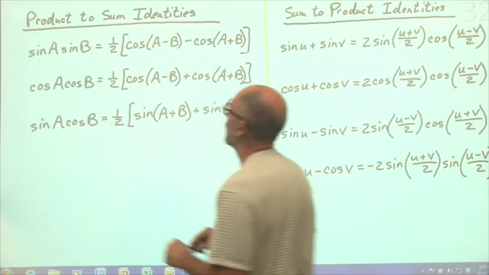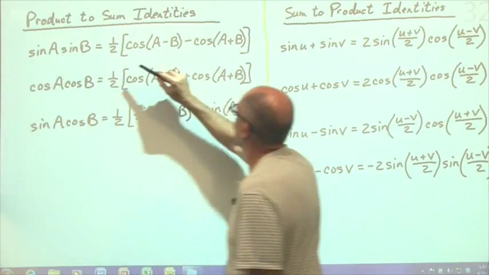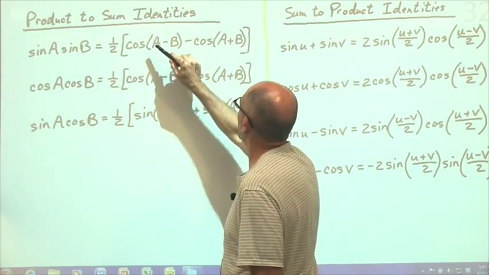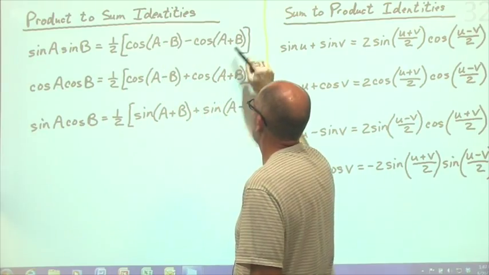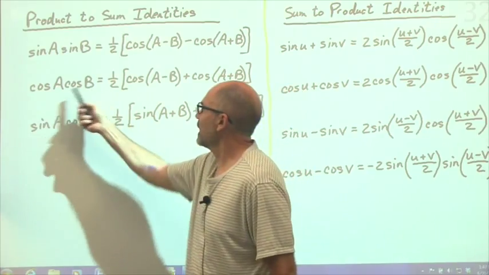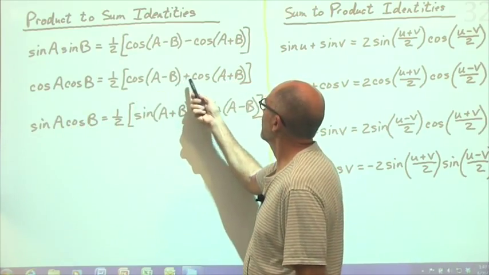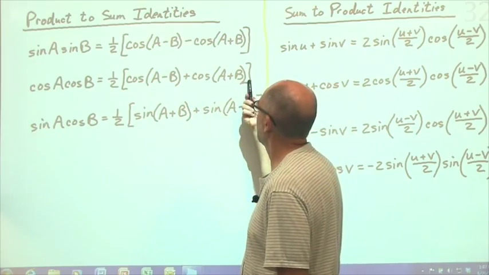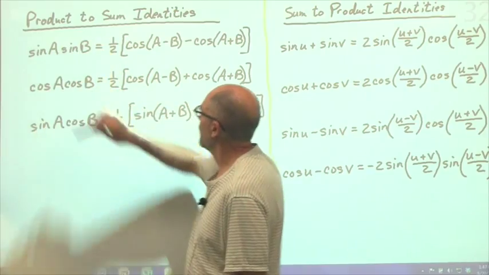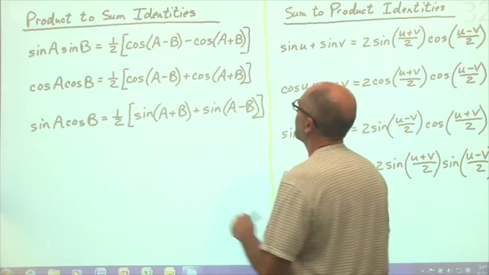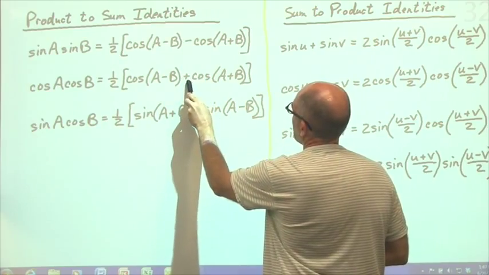We have product to sum. Sine A, sine B equals 1/2 cosine of the difference minus cosine of the sum. Cosine A, cosine B is 1/2 cosine of the difference plus cosine of the sum. So notice the difference between sine A, sine B, and cosine A, cosine B. The only thing that's different is the sine has a minus here and the cosine has a plus here.